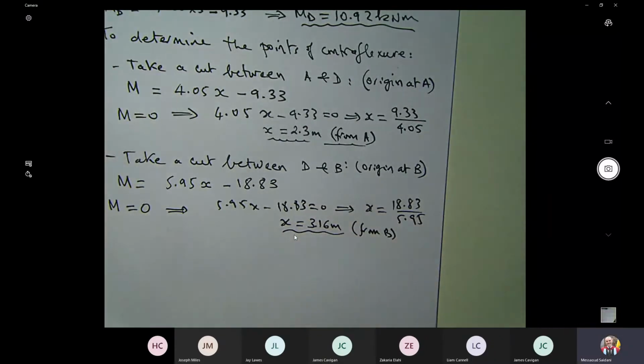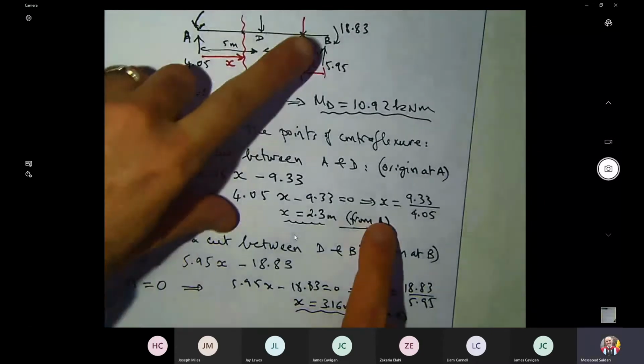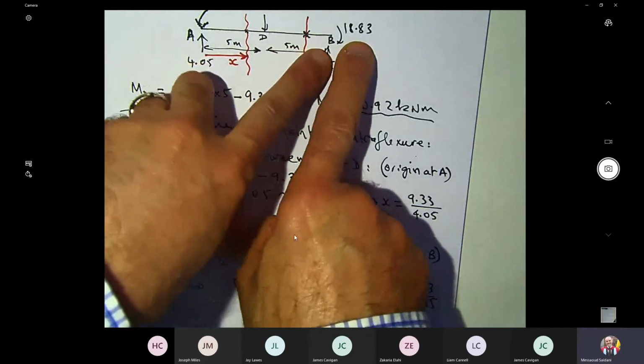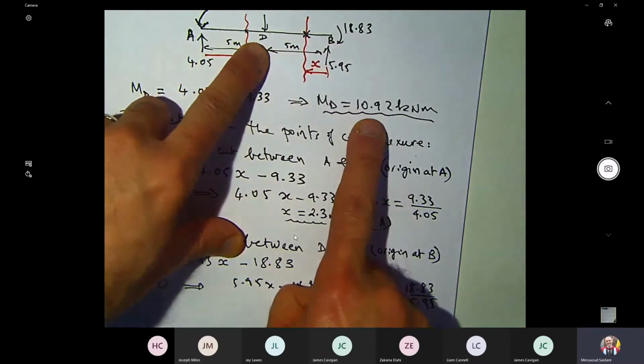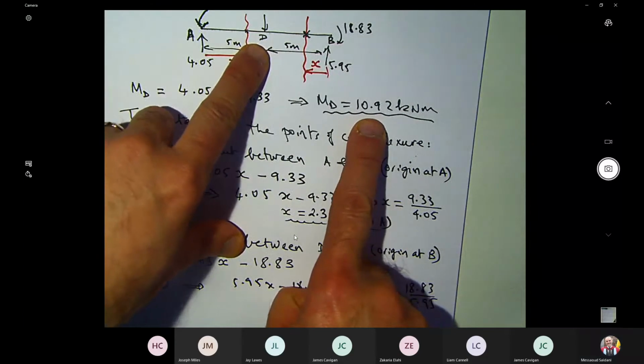Again, ask yourself, does it make sense? It does, because look here, the moment at B is 18.83. The moment at D is 1092.